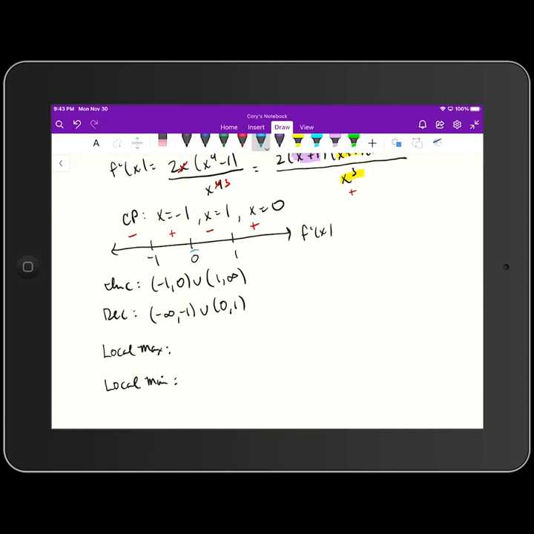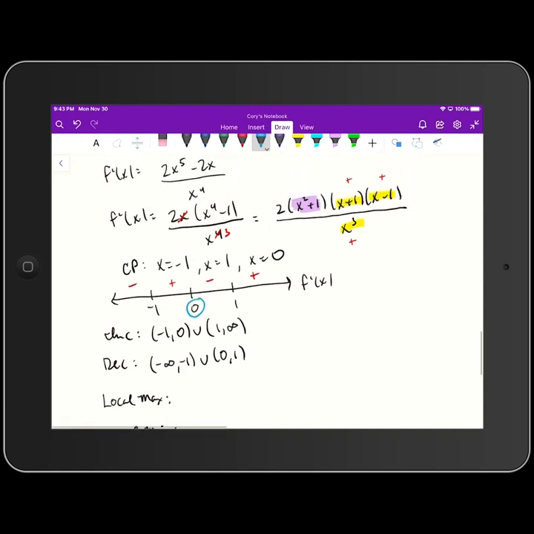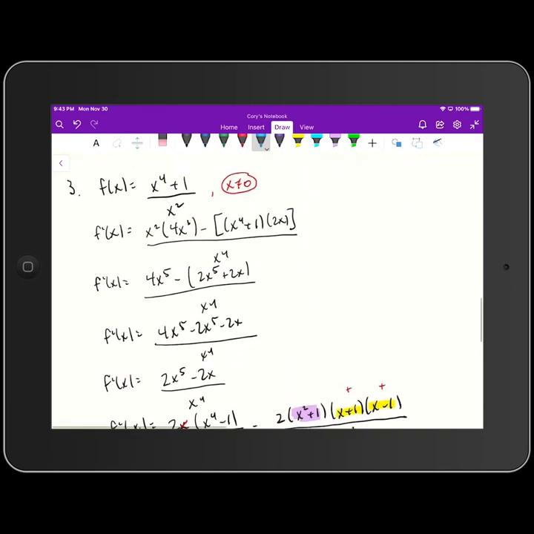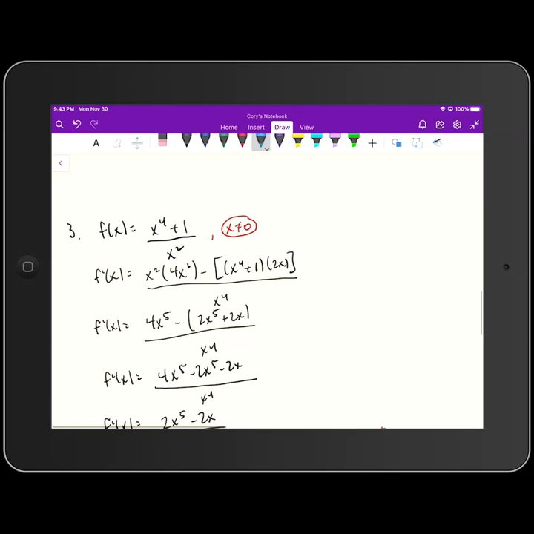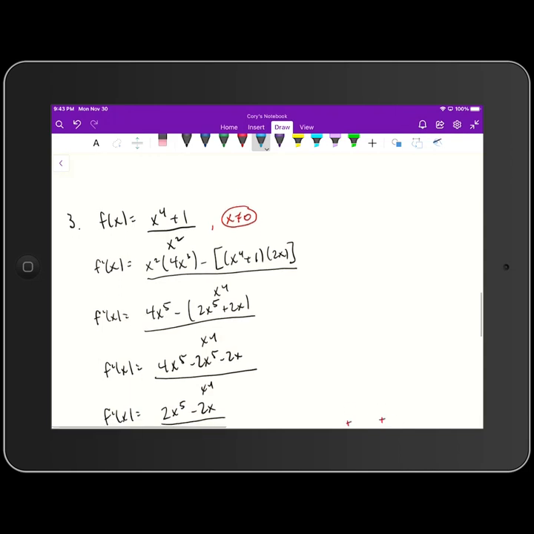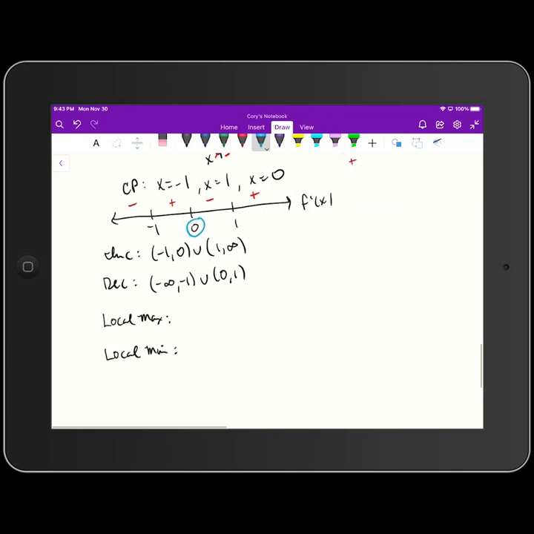Okay, so at first glance, you would think the function has a local max at x equals 0. But when we go back and check that against our domain, our function is not defined at 0. Okay, so we can't have a local max at a value that is not in the domain of our function. So that means that our function here has no local max.